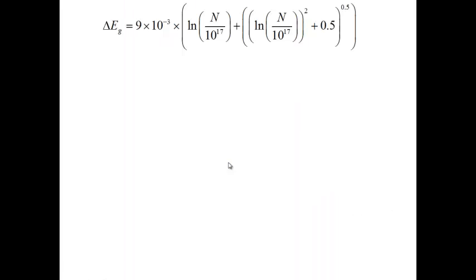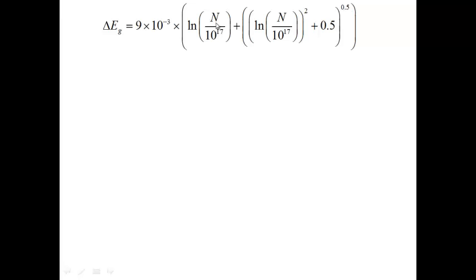People have measured this band gap narrowing, and this is an empirical expression that is commonly used, which describes how much the band gap narrows. What is the decrease in the energy gap as you add dopants? N refers to the doping density.